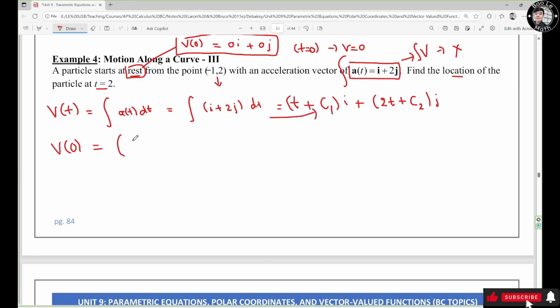So then I have 0 plus c1 i plus 2 times 0 plus c2 j. Then this guy actually equals this one right here, 0i plus 0j.